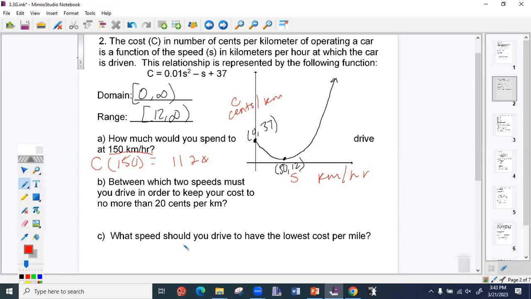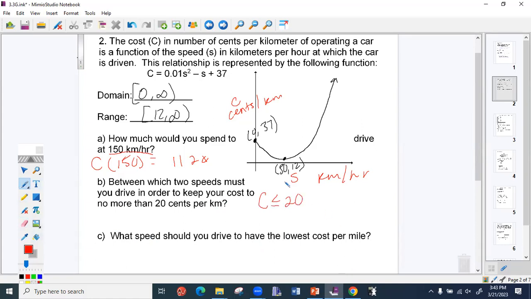Now it says, between which two speeds must you drive in order to keep your cost to no more than 20 cents per kilometer? Okay. So this time, 20 cents is going to be your Y, right? So in this case, our C is less than or equal to 20. I wrote that greater. I said the right words, wrote the wrong. C is less than or equal to 20, okay?